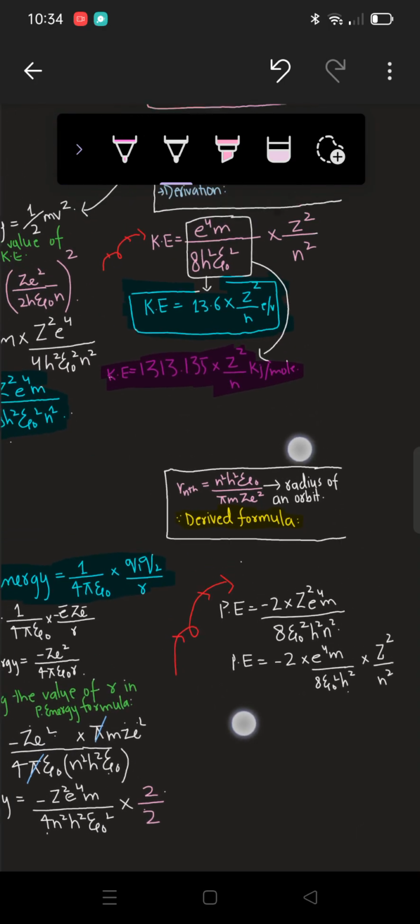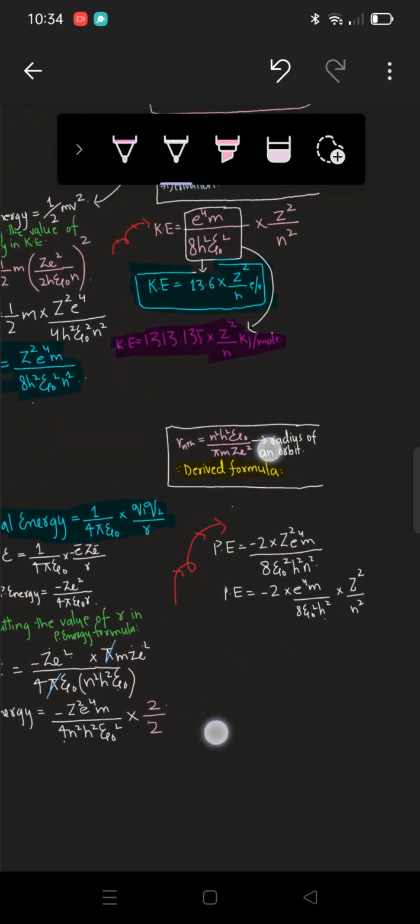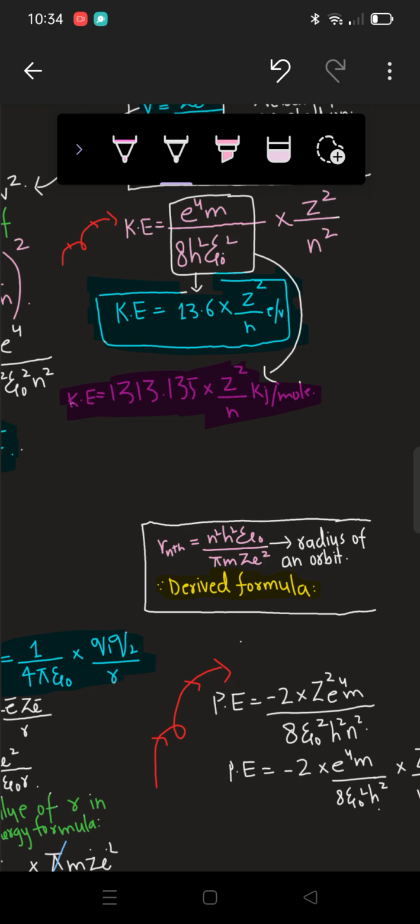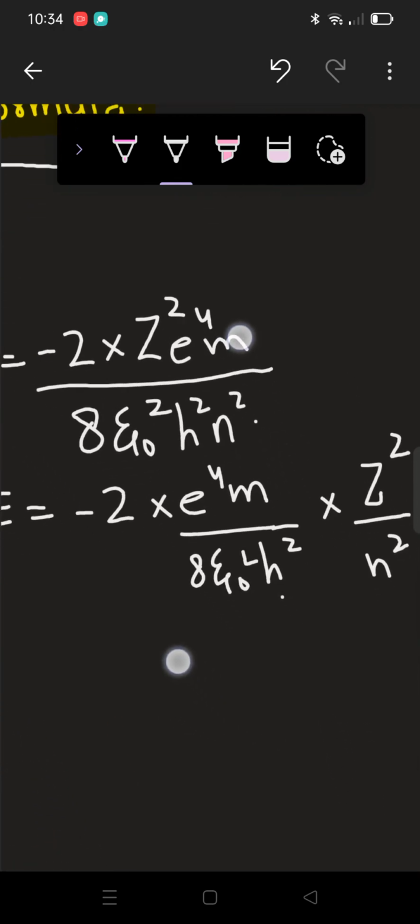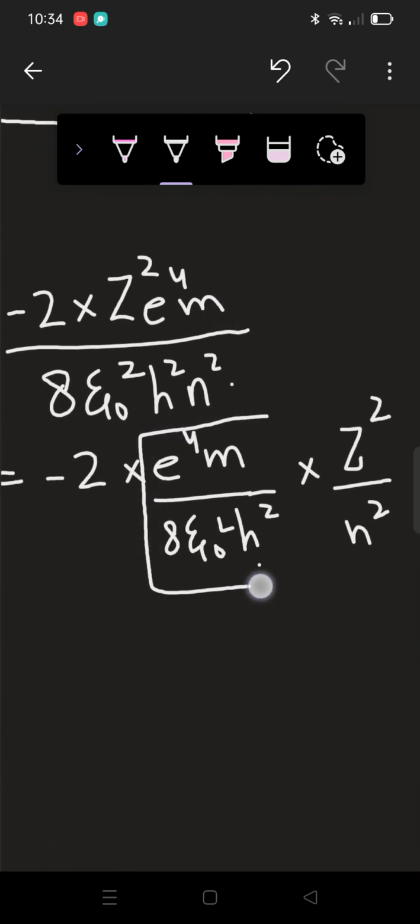Now as you can see, this whole value is equal to 13.6, right? So I can make this whole value equal to 13.6.